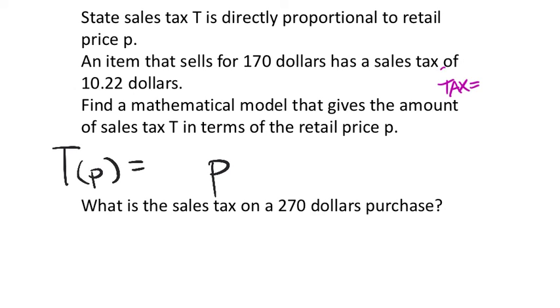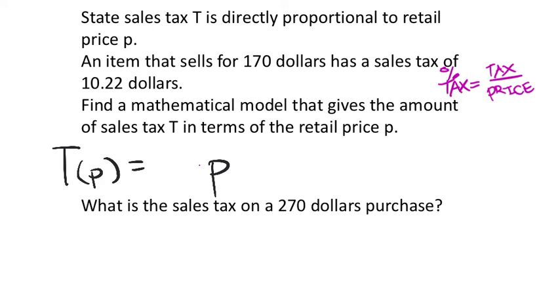The tax percent, I guess, would be taking the tax, which was the 10.22, and dividing it by, not total, that doesn't seem like the right word. I guess the price, sales price, yeah, I guess price.